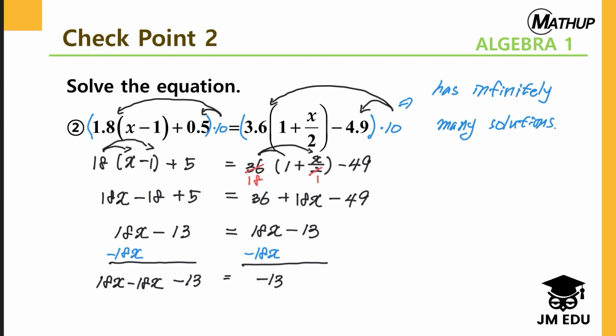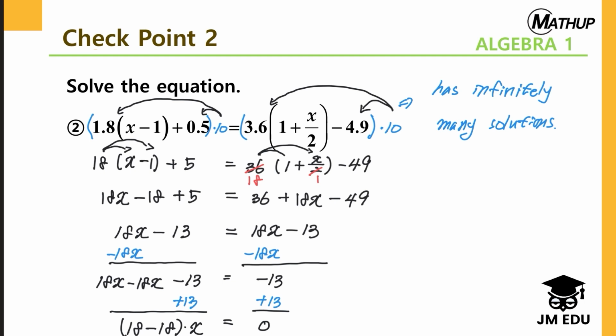Now, we're going to add 13 to each side. And then the right hand side will be equal to 0. On the left hand side, we will have 18x minus 18x, right? But I can write 18 minus 18 and all of this times x, because x times 18 is 18x, x times minus 18 is minus 18x, right?